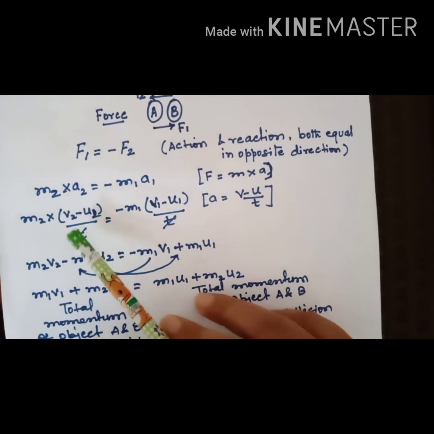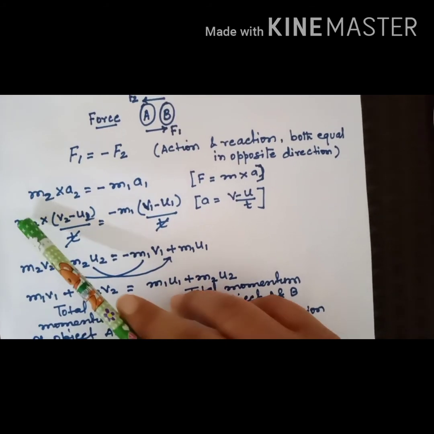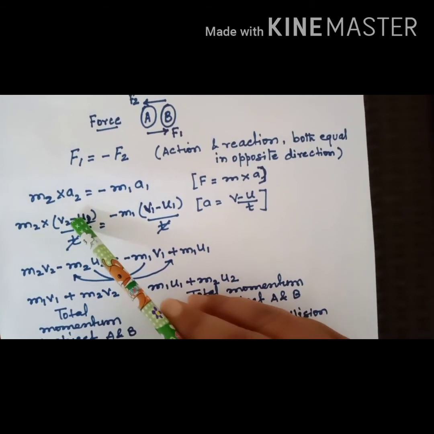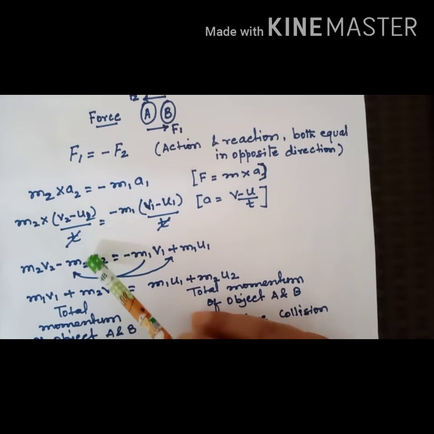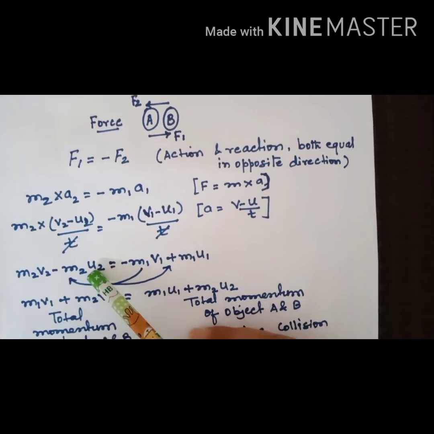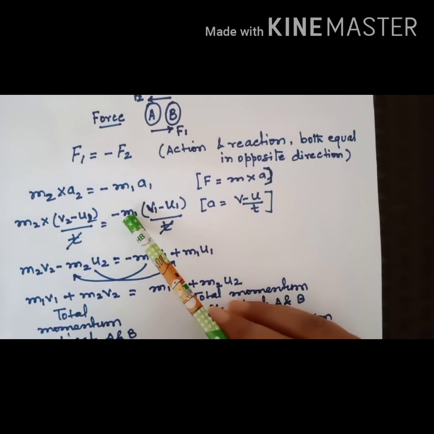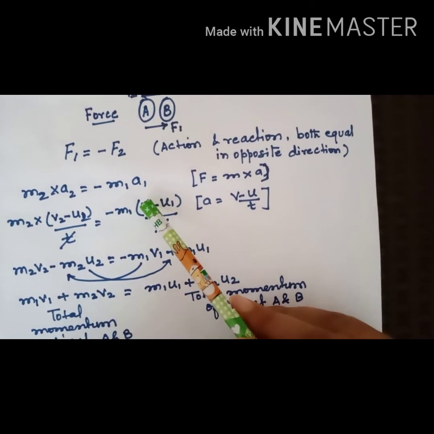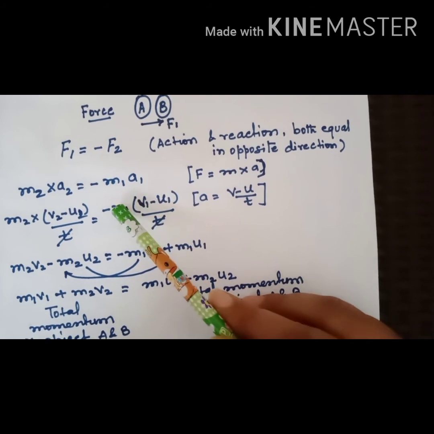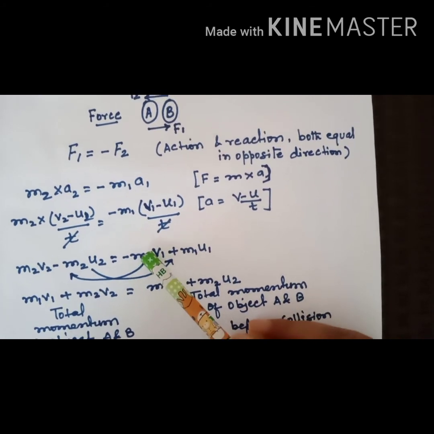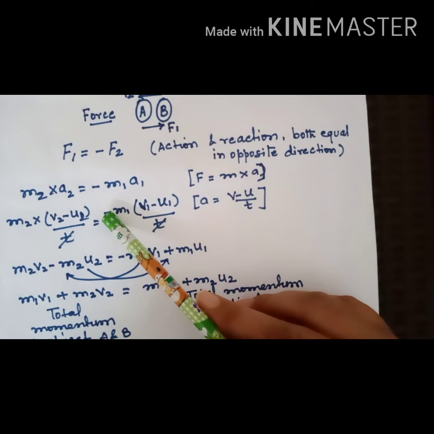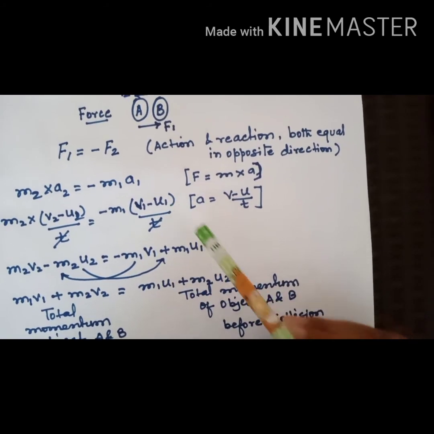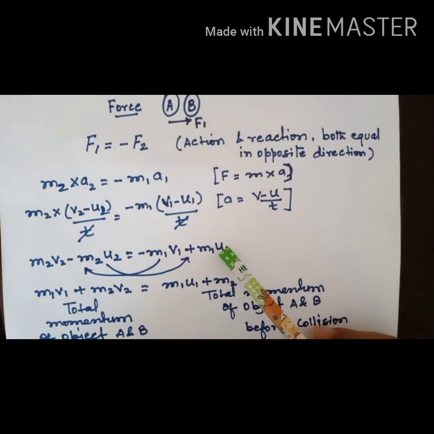Time is the same, which will get cancelled. Here m2 into v2 and minus m2 u2, right? Here you see minus m1 into v1 will be plus. This is plus, this is minus, so plus minus minus m1 v1. Now here minus and minus will become plus m1 u1. Okay, till here understood?